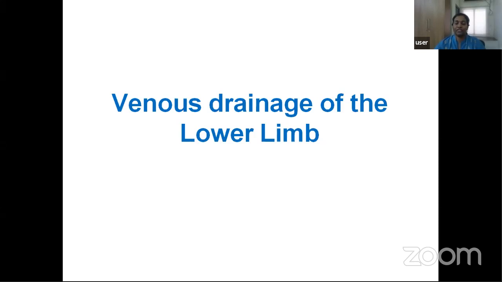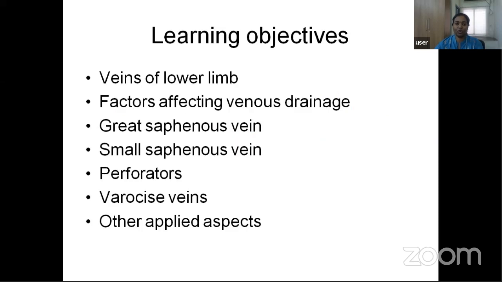So today we are going to discuss it under these learning objectives. What are the different types of veins we have in our lower limb? What are the factors affecting the venous drainage of the lower limb? The great saphenous vein, the small saphenous vein in detail, the perforators, the varicose veins, and the other applied aspects related to the venous drainage of the lower limb.